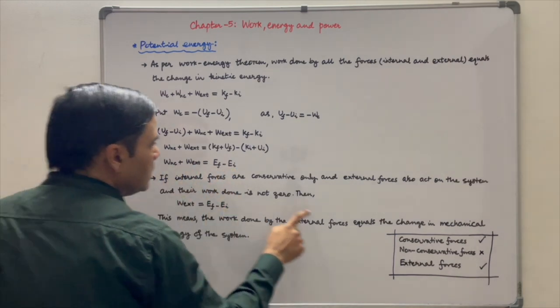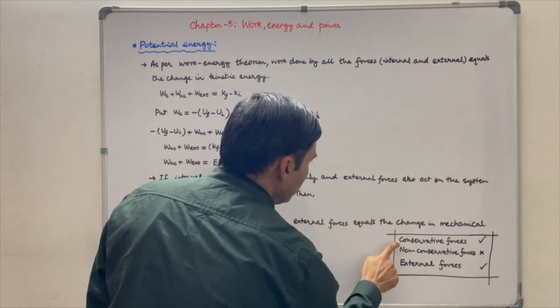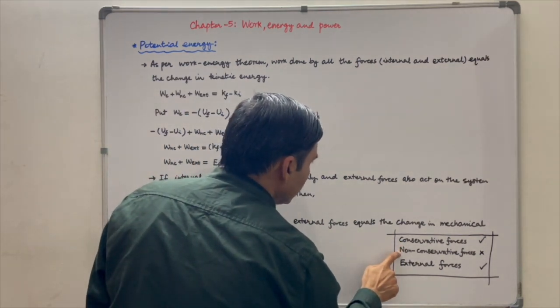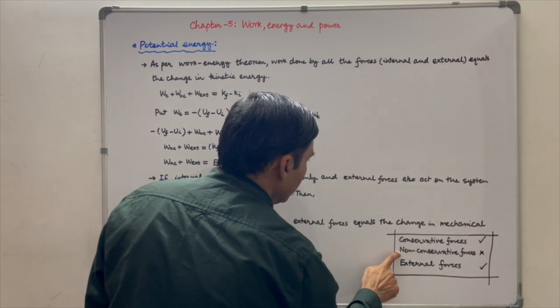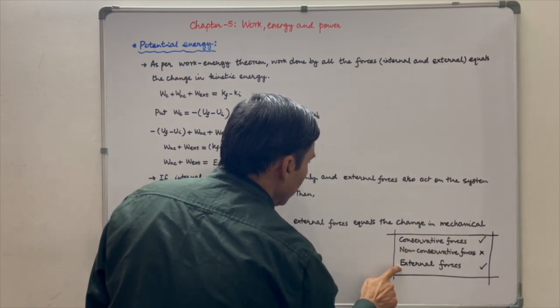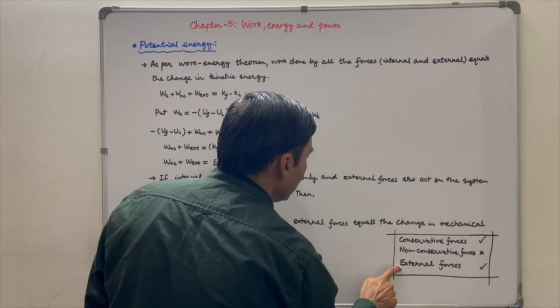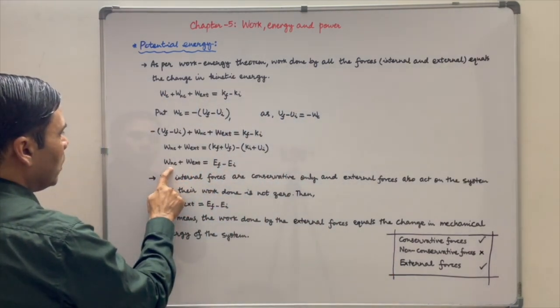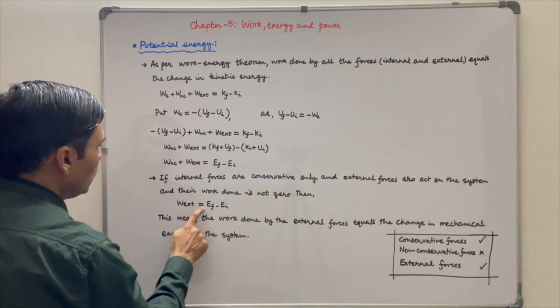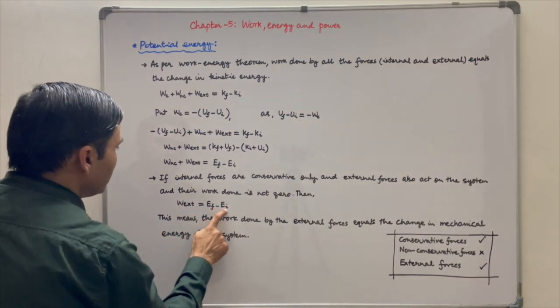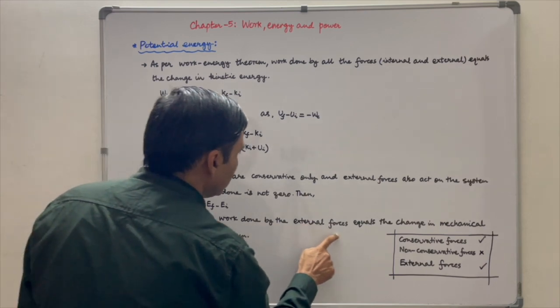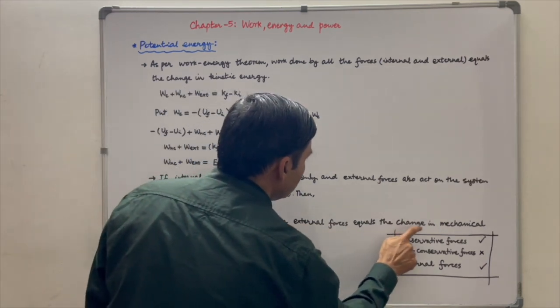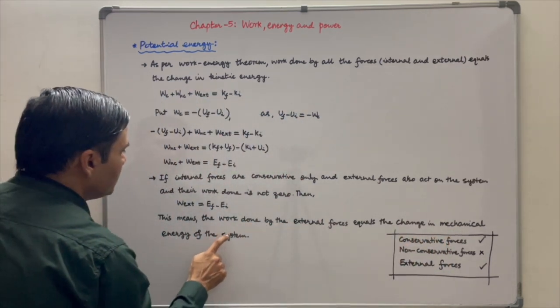Now consider these conditions: conservative forces work, non-conservative forces do not work, external forces work, and the sum of work done by them is non-zero. Then WNC is equal to 0 and W external is equal to EF minus EI. That means work done by the external forces equals the change in mechanical energy of the system.